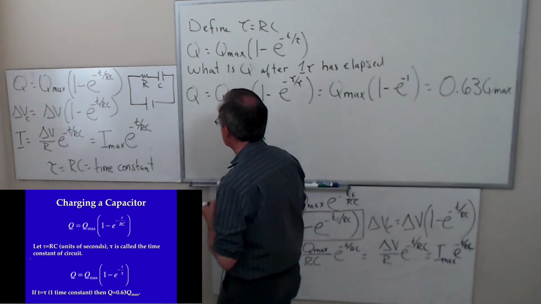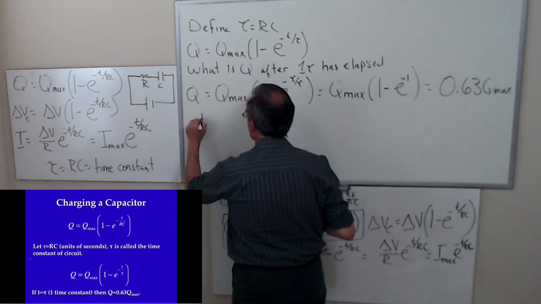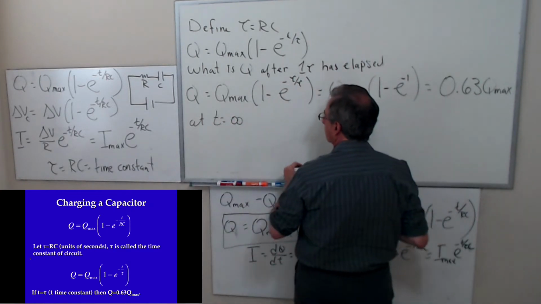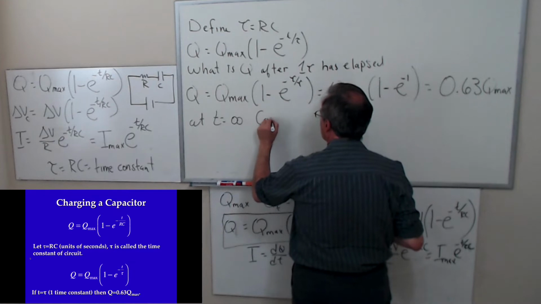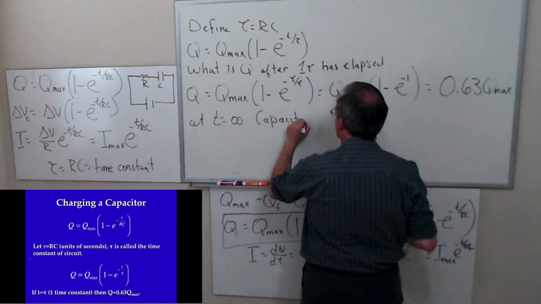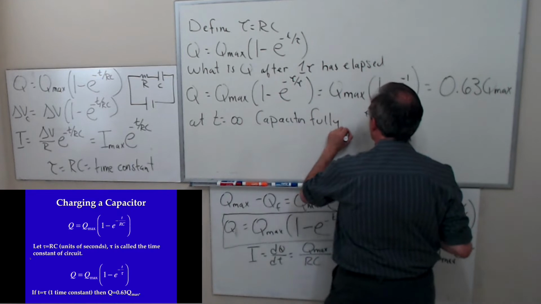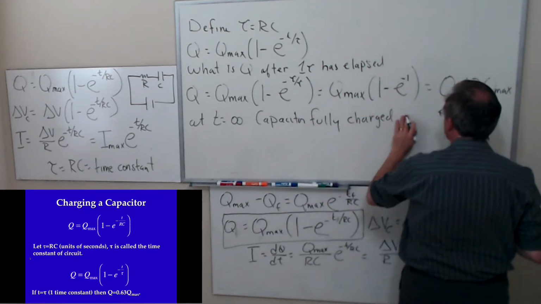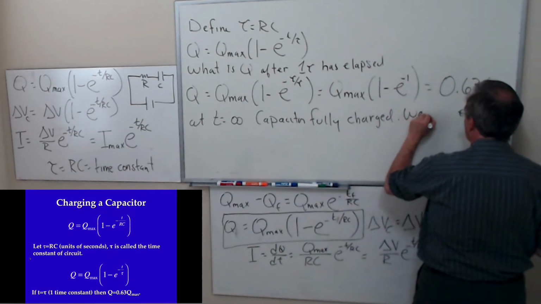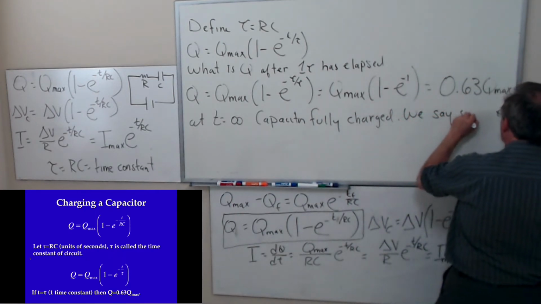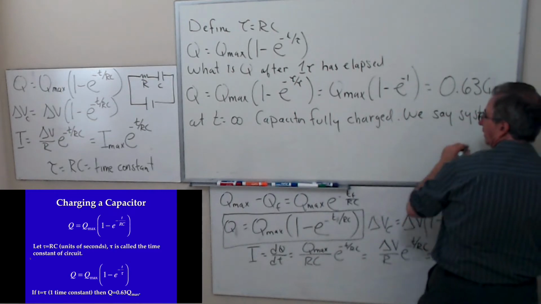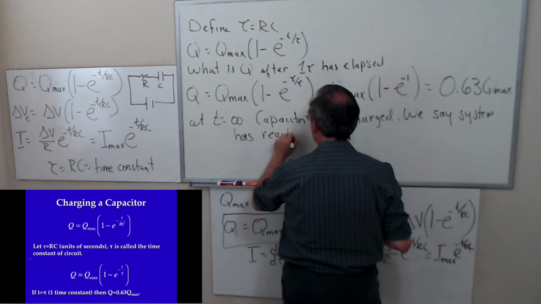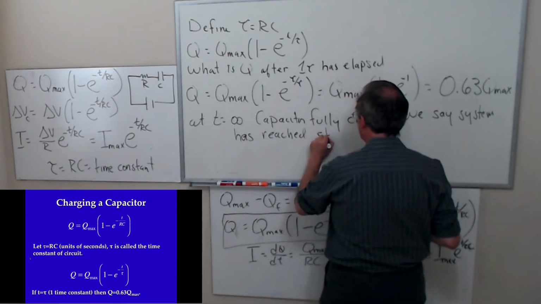Okay? So at t equals infinity, the capacitor is fully charged, and we say that the system has reached steady state.